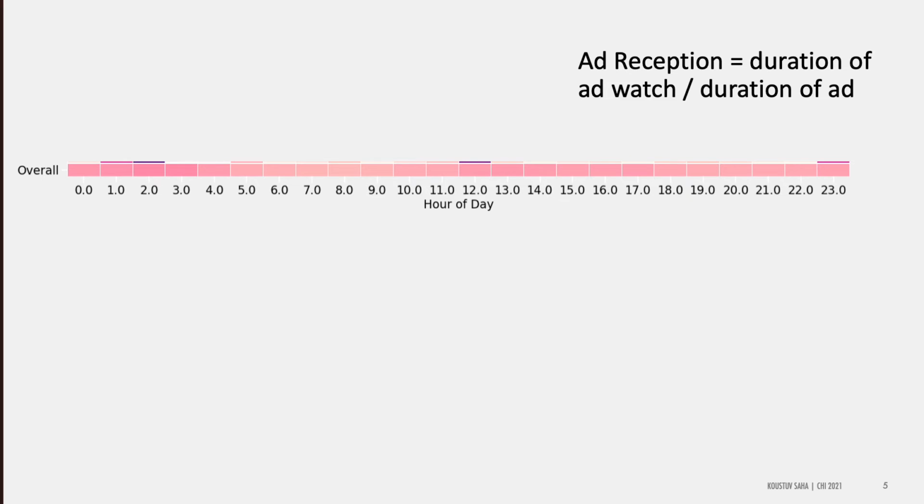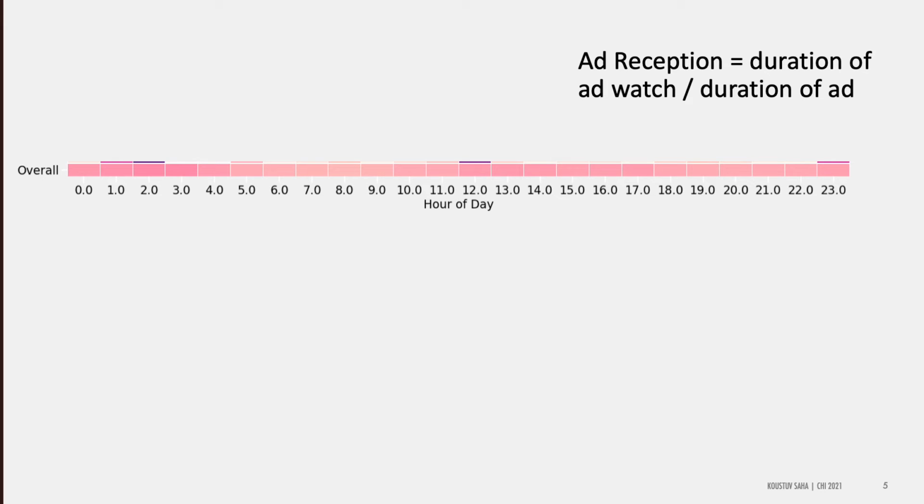First, we did a preliminary analysis on ad reception, or the proportion of duration people watch ads. Simply plotting this heat map on several users' ad reception with hours of a day along the horizontal axis, we find that there is no real difference. However, every user is different and probably effects are washed out at an overall scale.